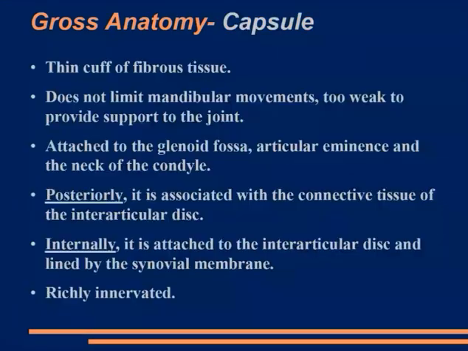The capsule is a thin fibrous tissue, and it is very important that it does not limit the mandibular movement. The capsule is just a lining. It's very weak to provide any support to the joint. It only encapsulates the synovial fluid.